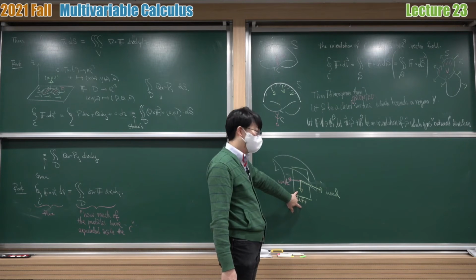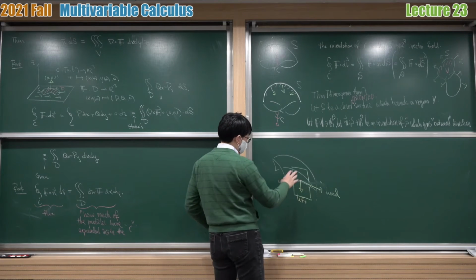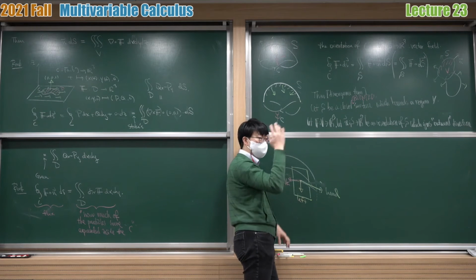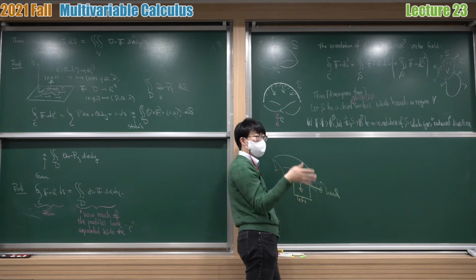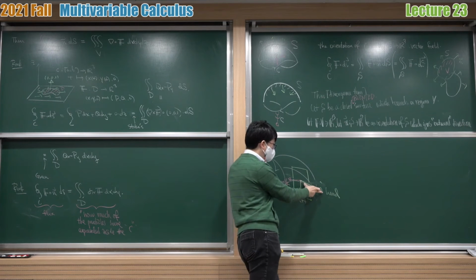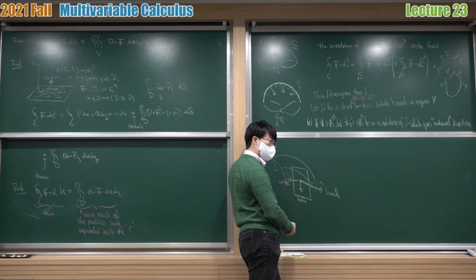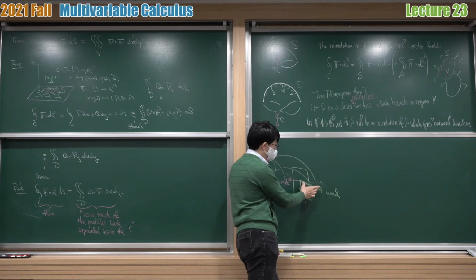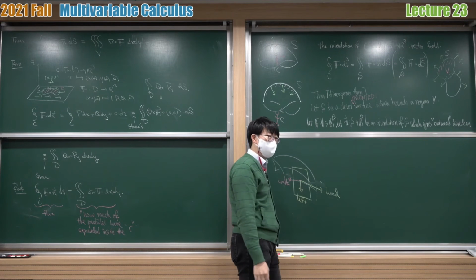Other way around, suppose that your walk direction is fixed, then you have to decide which direction your head is pointing to. If you put your head in this orientation, then your left arm is pointing outside of S, so you should not have your head in that direction. You should have the other direction of your head, inside.